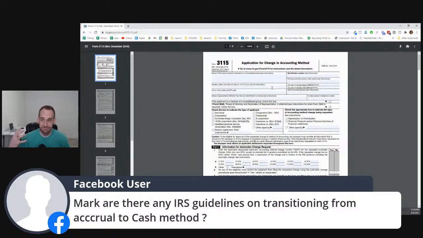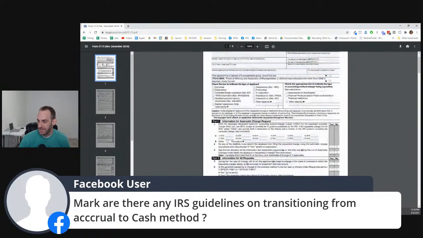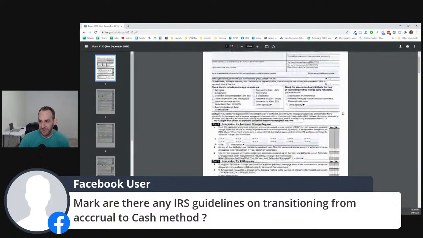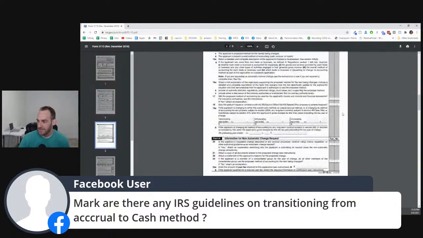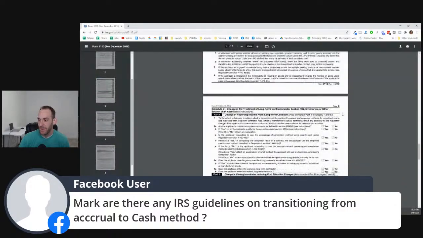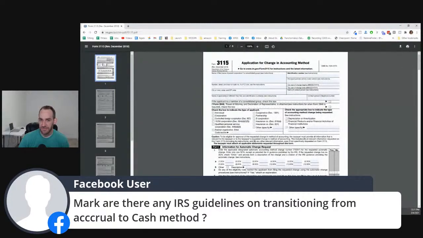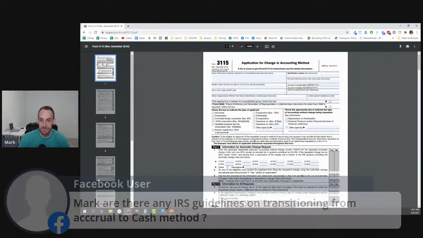And there are dozens, if not hundreds, of different accounting method changes you can make. And the inventory cash to accrual is just one of them. So trying to figure out where that fits on this form is just crazy. I mean, most of it's not going to apply. And honestly, I'll just say, if you just make the adjustment and make sure you're not double counting anything or missing anything, and maybe forget to fill out this form, it's not likely anybody would ever know.